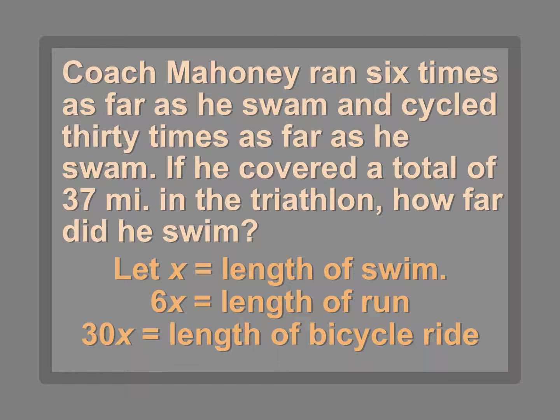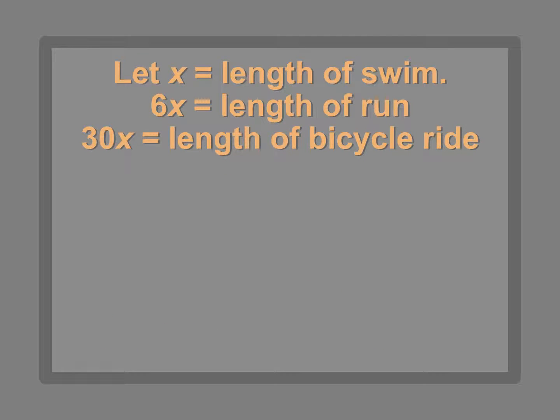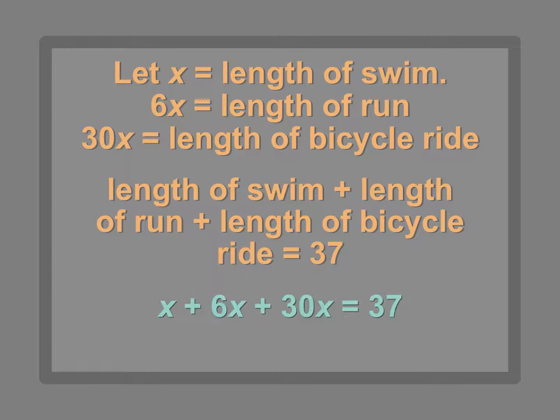So now that we have all of our pieces labeled, we can identify that those lengths have to total up to 37. So we should have x plus 6x plus 30x equals 37. So from there, all we would have to do is combine like terms and then solve for x.